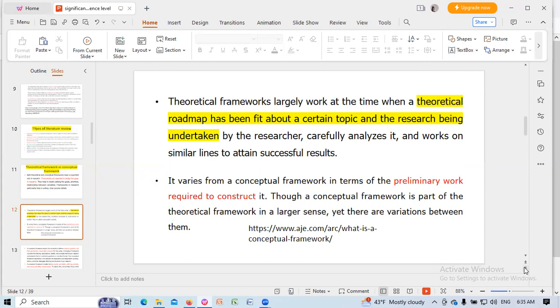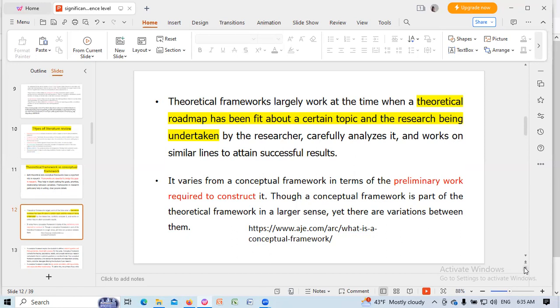I've already discussed there are two types of frameworks. Theoretical frameworks largely work when the theoretical roadmap, an already established theory, given roadmap, has been fit to a certain topic and research being undertaken.